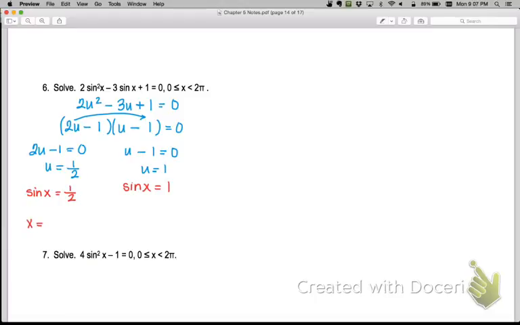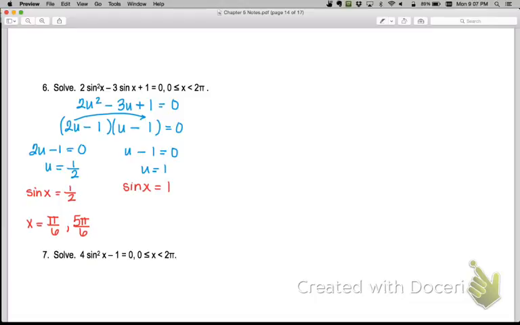So what we should be getting for x, sine is the y, so sine is positive 1/2 at pi sixths and 5 pi sixths.